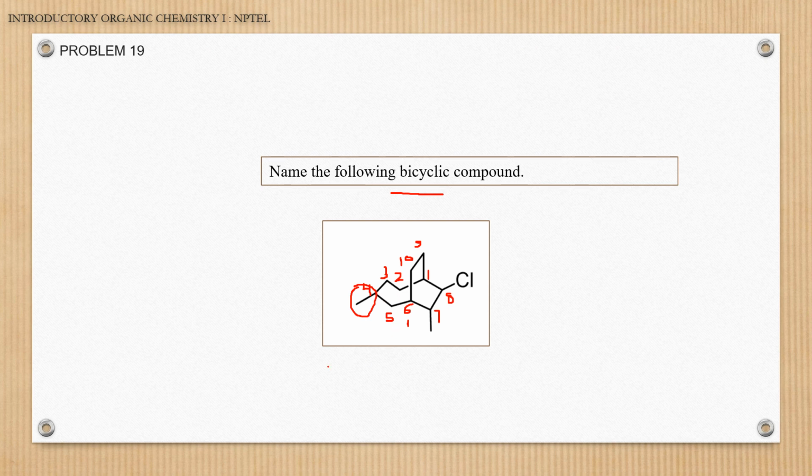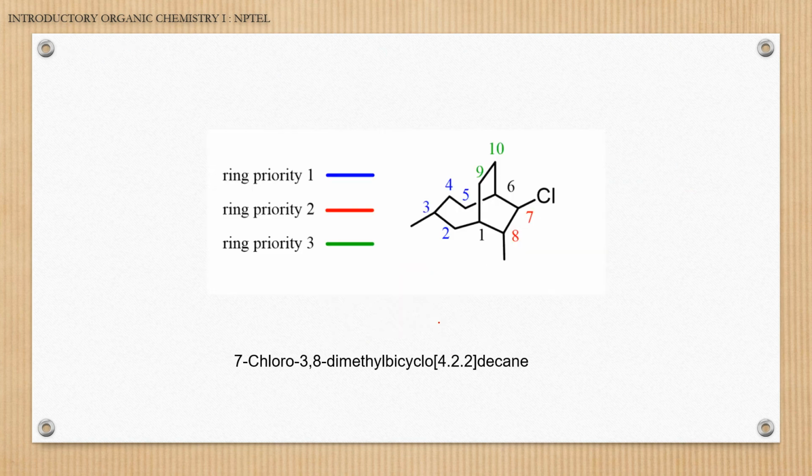It is 3-methyl, 7-chloro, 3, 8-dimethyl, bicyclo 4-2-2 decane. Yes, this is 7-chloro-3,8-dimethylbicyclo[4.2.2]decane.